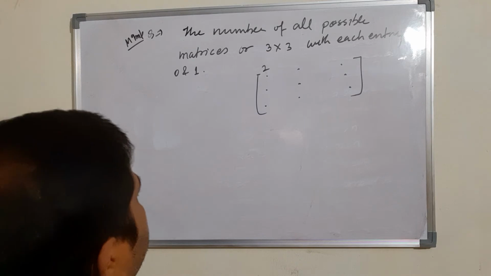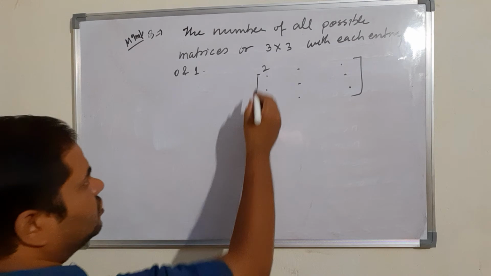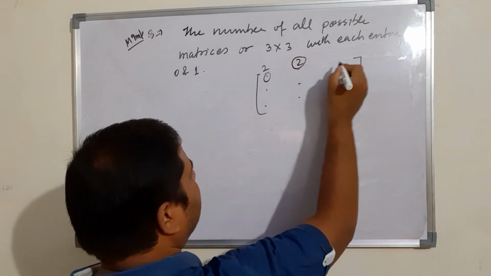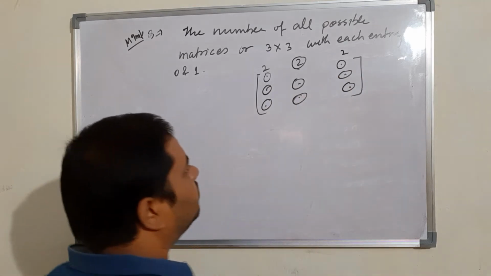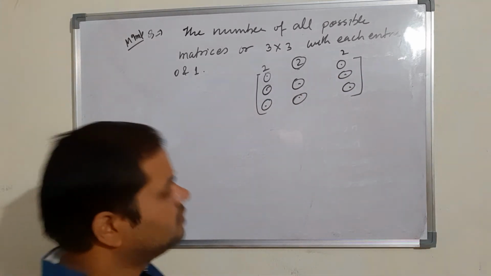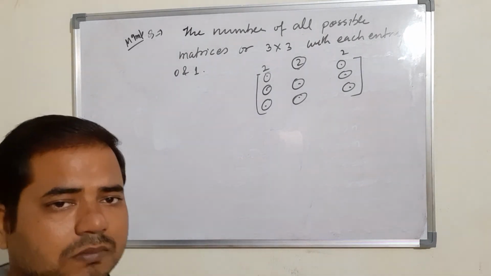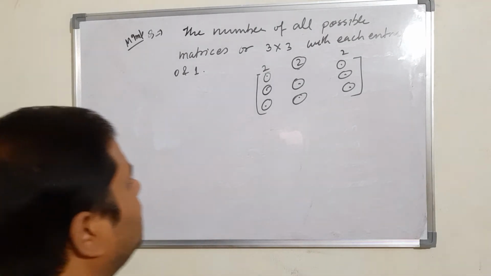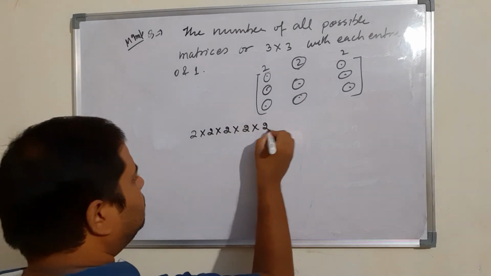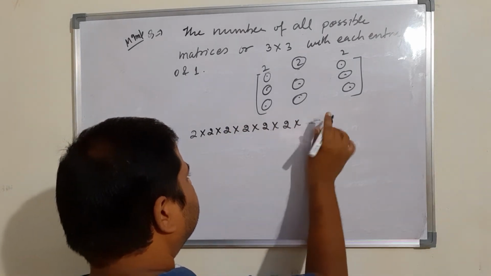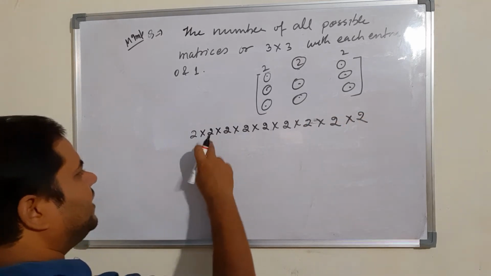By the fundamental principle of counting, we have 2 into 2 into 2, nine times, that is 1, 2, 3, 4, 5, 6, 7, 8, 9.